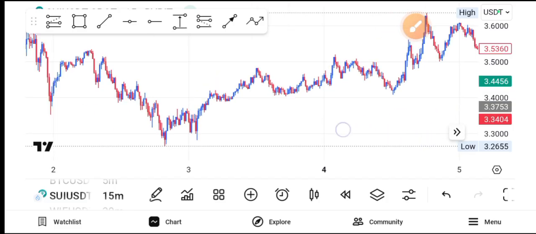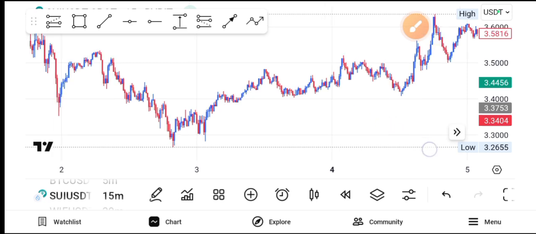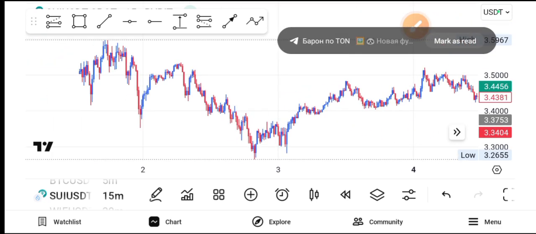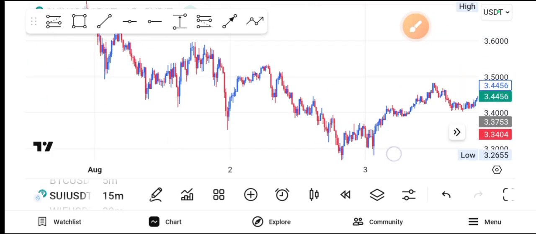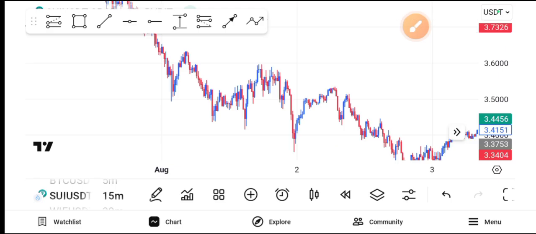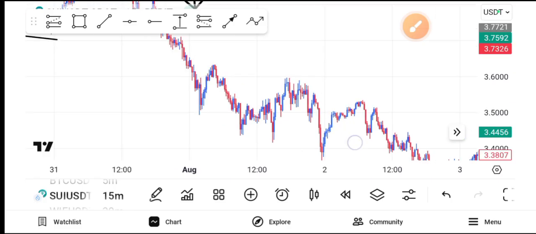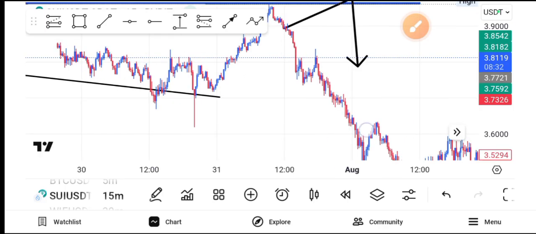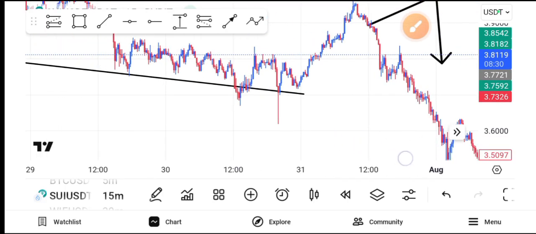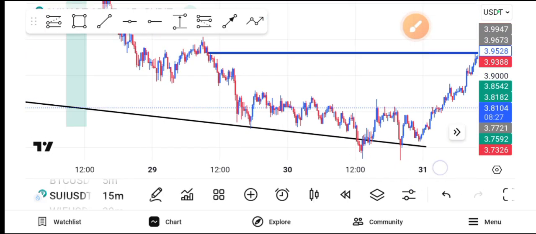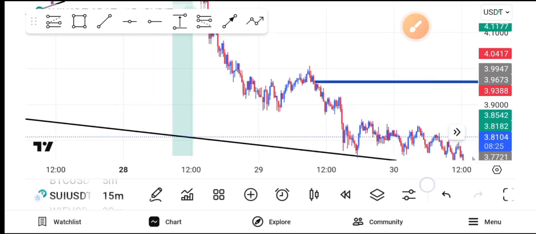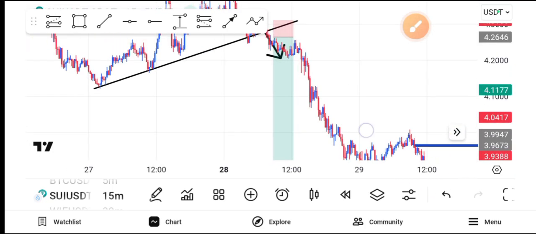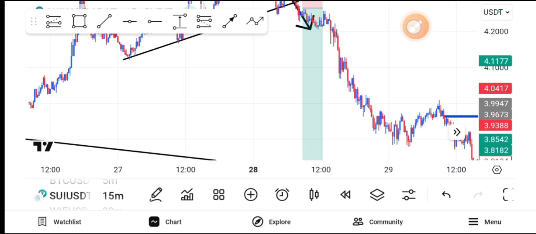I can change to another coin, or let's use SU to run this one. Okay, so I think I have something. I want to see it where it has many. Okay, let me keep moving.